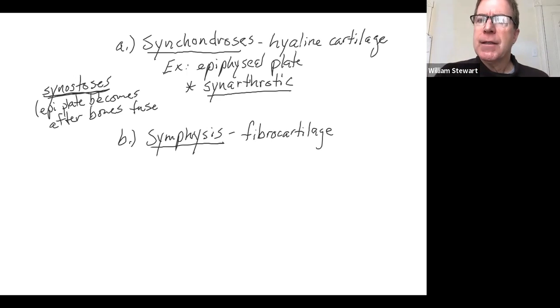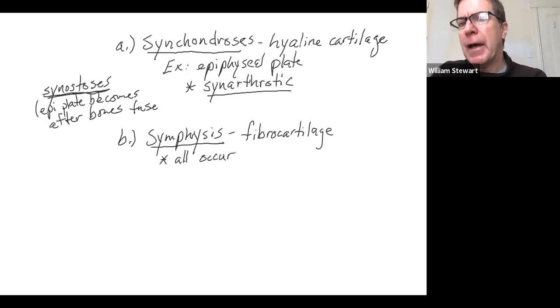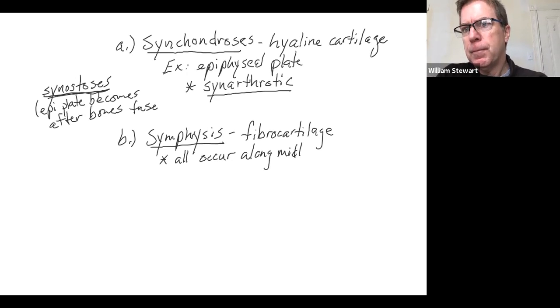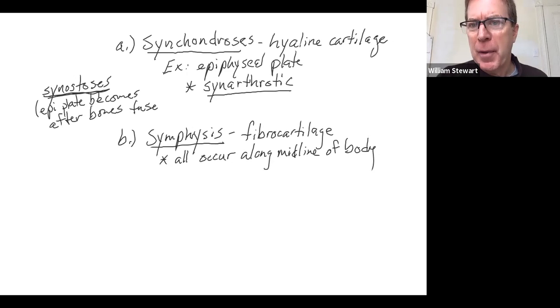Basically, symphyses joints all occur along the midline of the body. Okay. Example would be the pubic symphysis, which is the anterior joint of the pelvis.